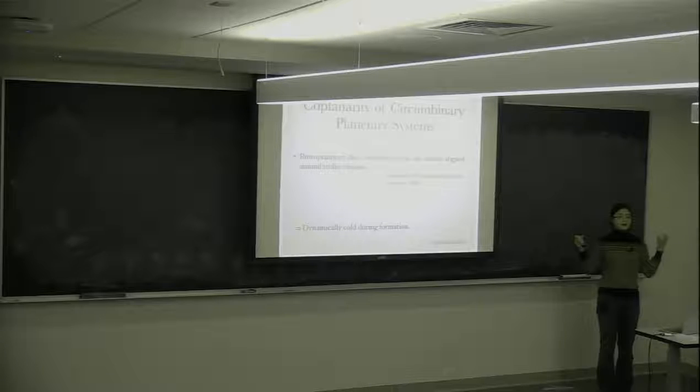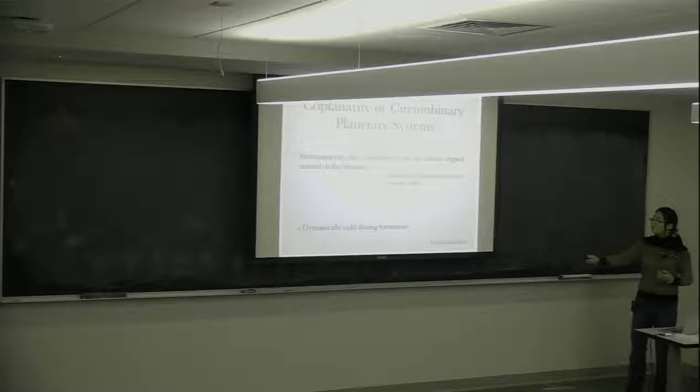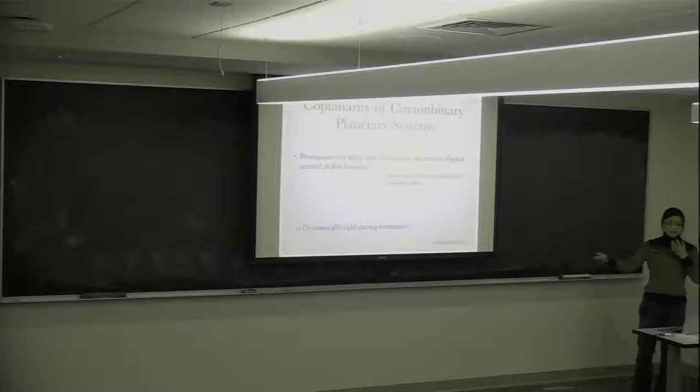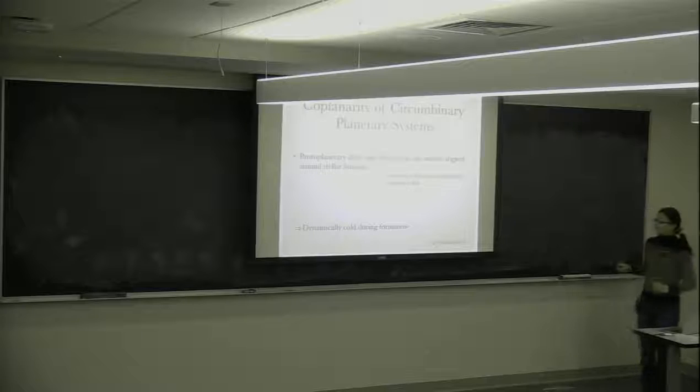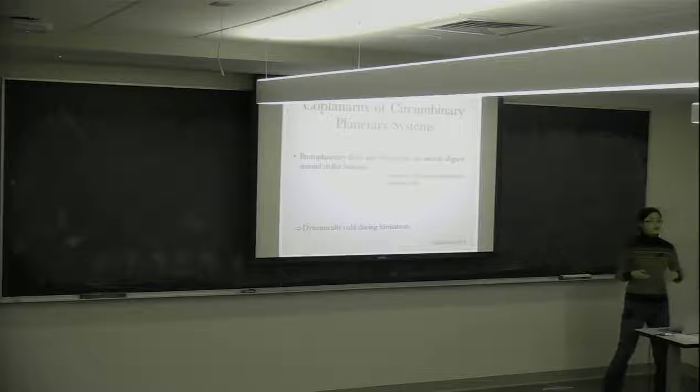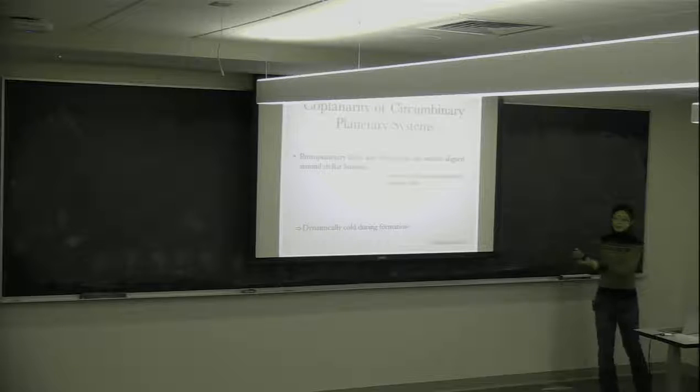So when the planets form naturally inside the disk, one would expect the planetary orbits to be quite well aligned with the stellar orbit, assuming that there's no strong interactions between the planets to excite the inclination. So it's likely that these circumbinary planets formed quite dynamically cold for these transiting samples that we detect.